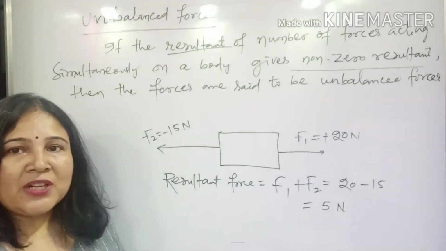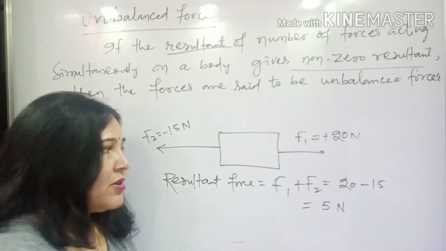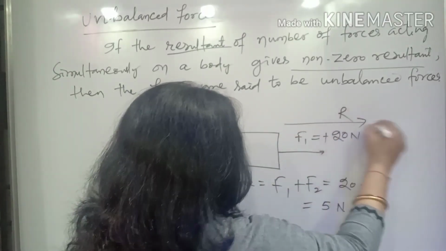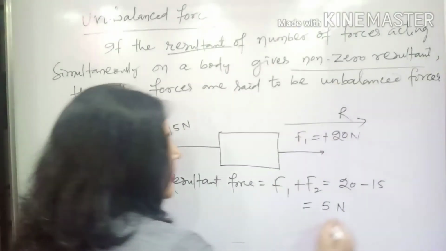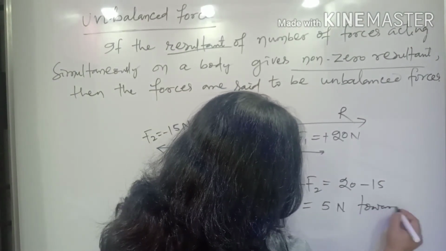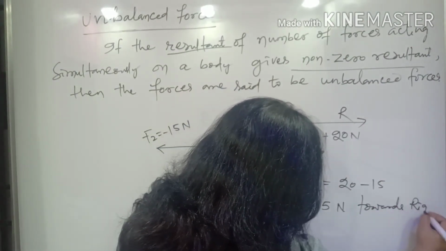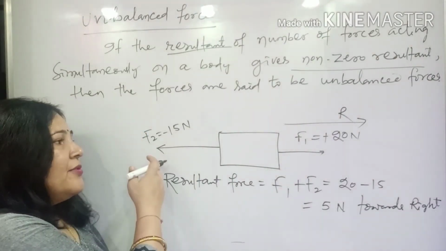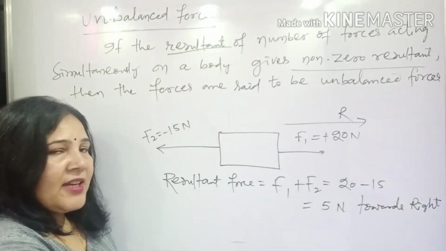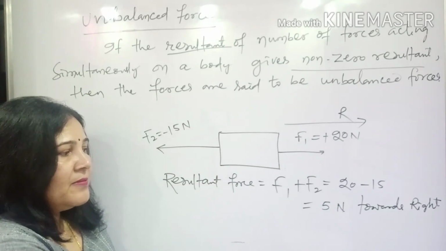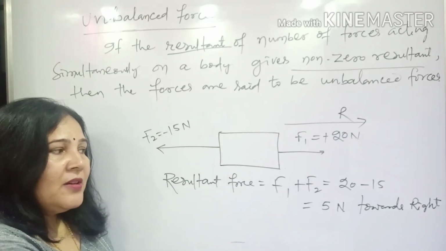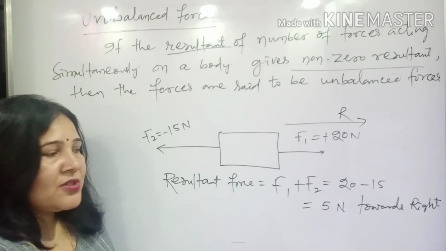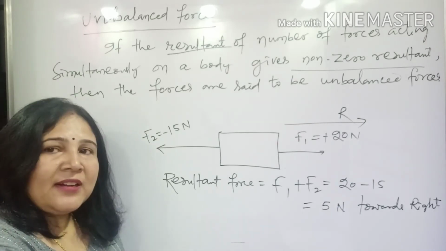Out of 20 and 15, 20 is greater, so the resultant will act in this direction, towards right. If the other side were more, then the resultant would be towards left. So the resultant's direction depends upon the direction of the higher magnitude.